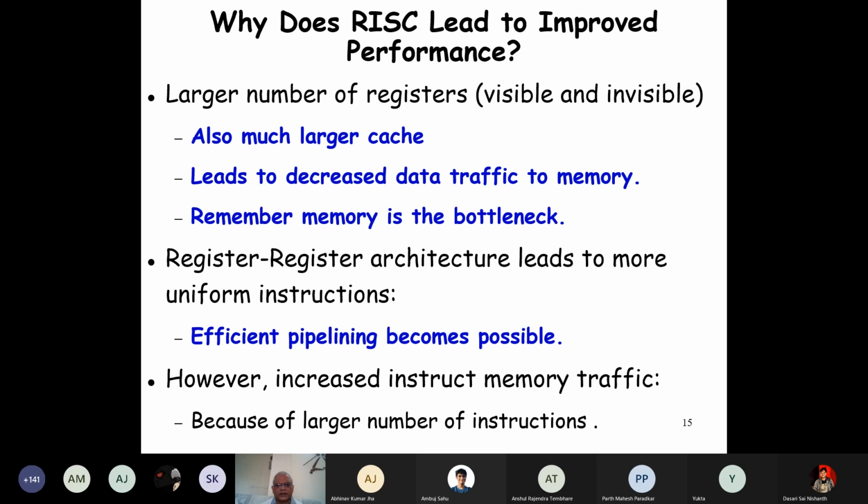So if you think of a negative, you can say that the number of fetch cycles increases. But then the other advantages are so many, and also these instructions are there in the cache because we have the instruction cache because of the available semiconductor area, so that access becomes fast.